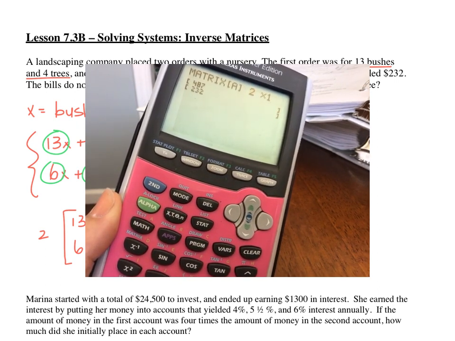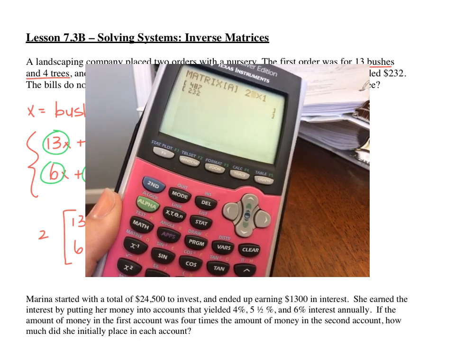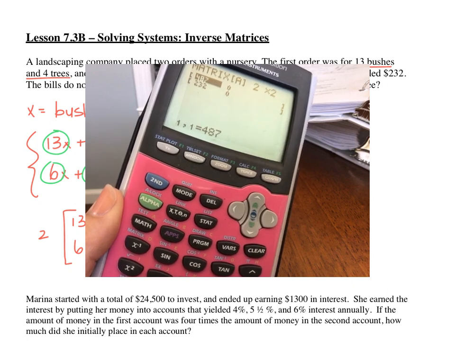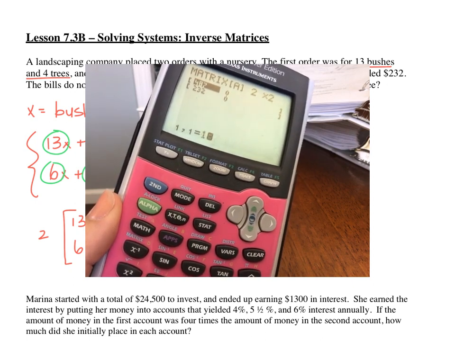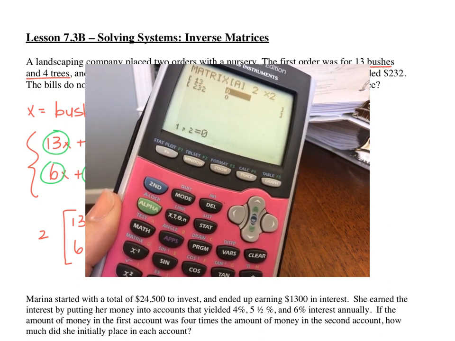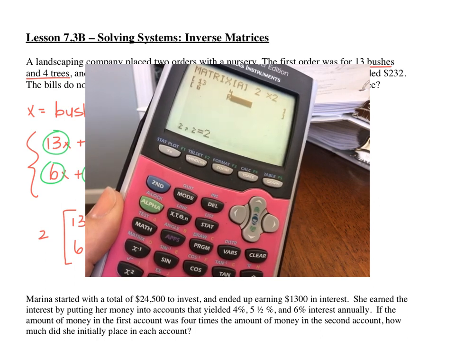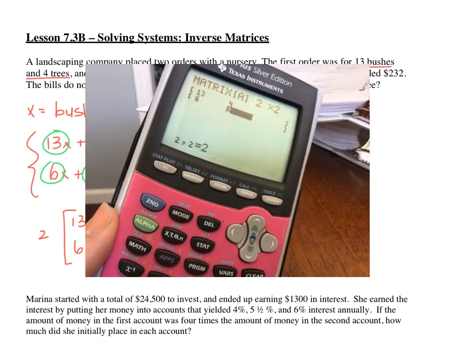Now I need to say the size of this matrix, and we just decided it was a 2 by 2, so I'm going to hit 2, enter, and 2, enter, which will give me the chance to put the 4 numbers in the right positions. So 13 is the first, and then 4, followed by 6, enter, 2. So this is called matrix A, and we'll be working with matrix A later on in the problem.